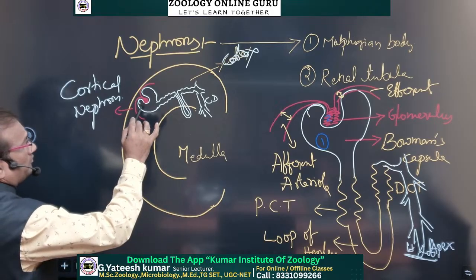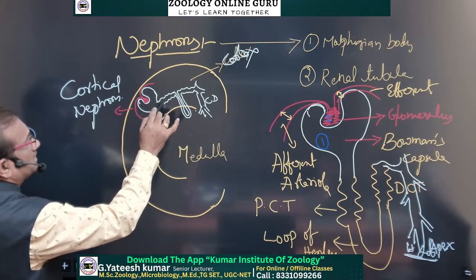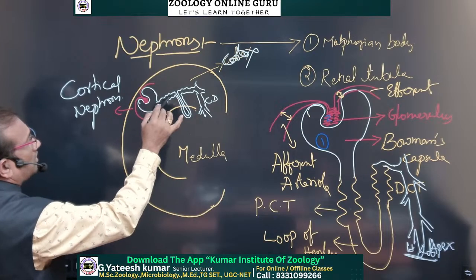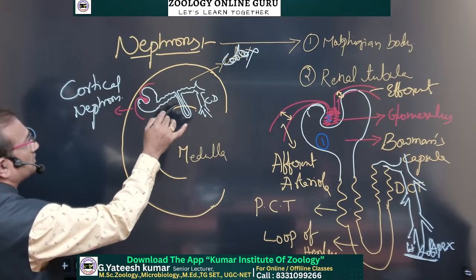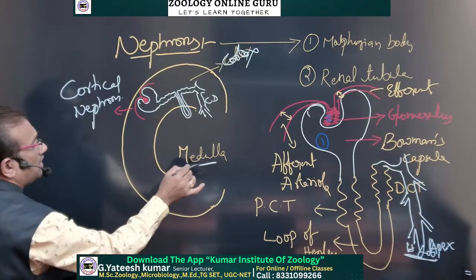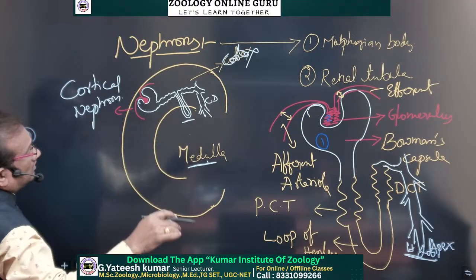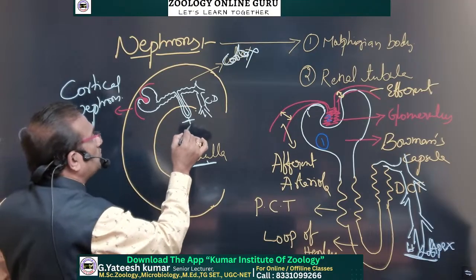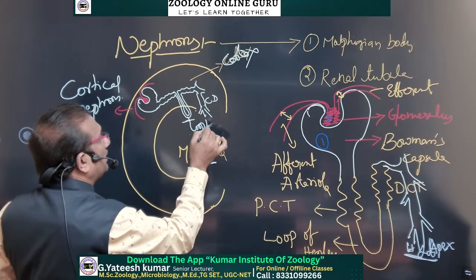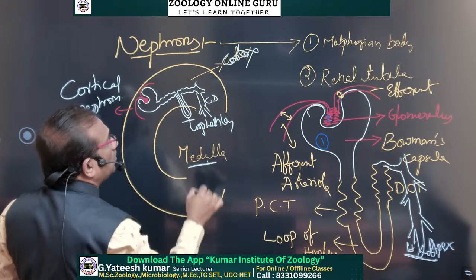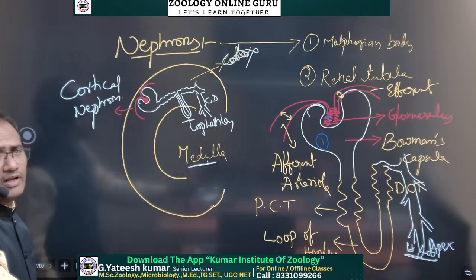So the Bowman's capsule, PCT and DCT are present in the cortex area, but the Henle's loop somewhat enters into the medulla. So the medulla contains the loop of Henle. So all loops of Henle are present inside the medulla.